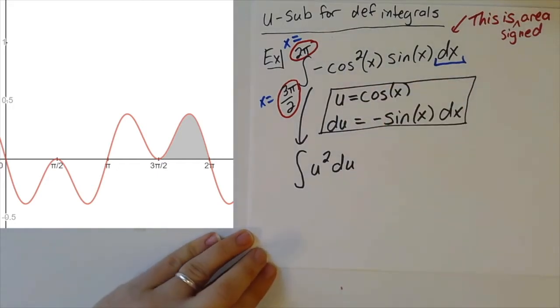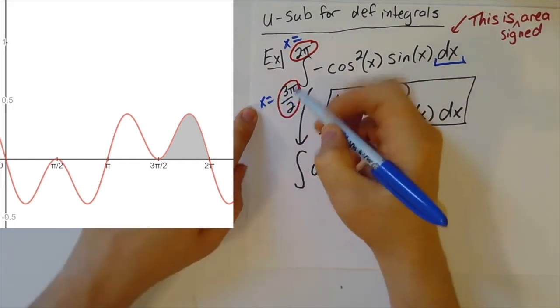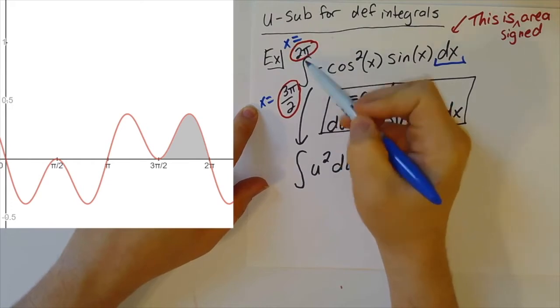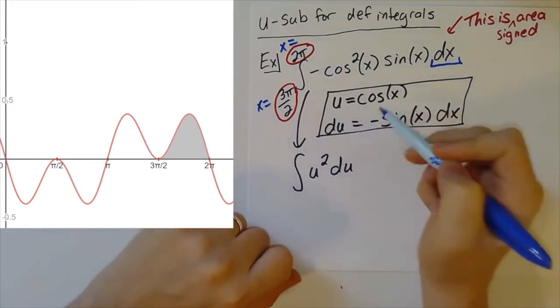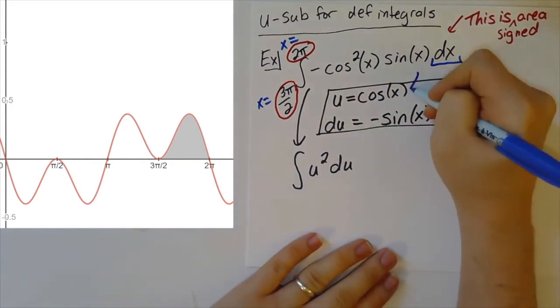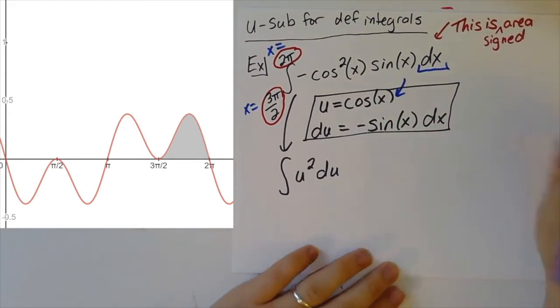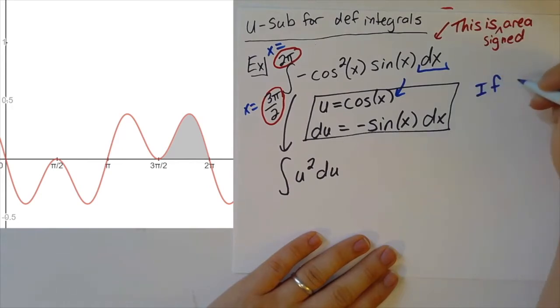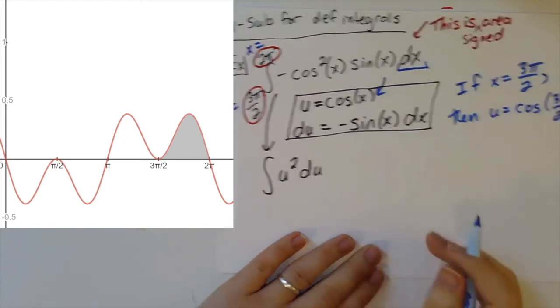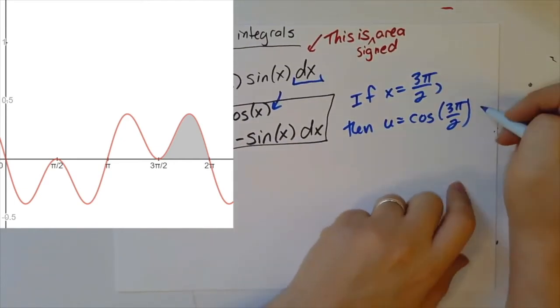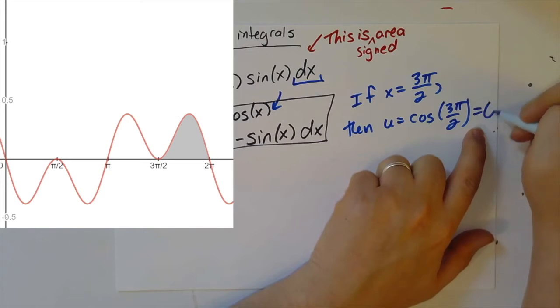So I have to translate x equals 3 pi over 2 and x equals 2 pi into the language of u. And the way I'm going to do that is with this relationship here. If x equals 3 pi over 2, then u equals the cosine of 3 pi over 2, and the cosine of 3 pi over 2 is 0.